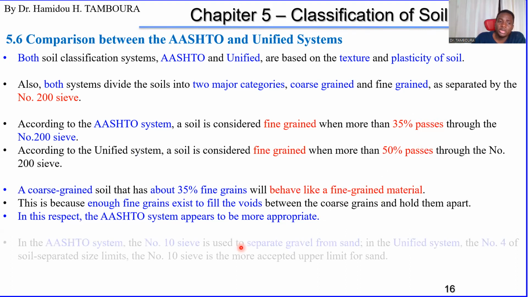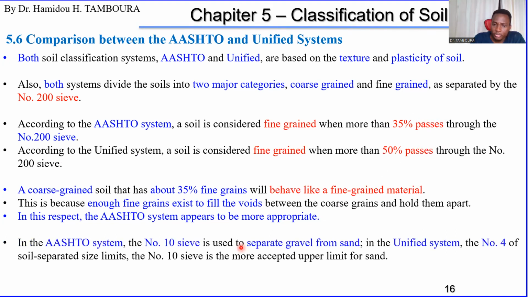And another thing is, the AASHTO system is choosing the number 10 sieve as the sieve to separate gravel and sand. However, as we have seen now, for the unified system, this separation is made using the number 4 sieve.